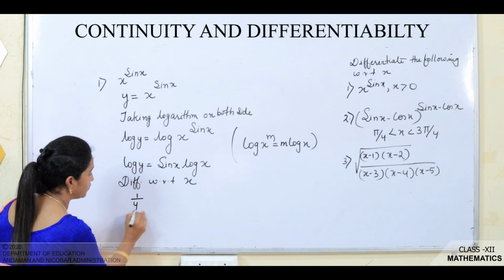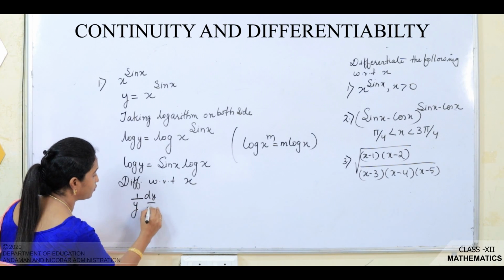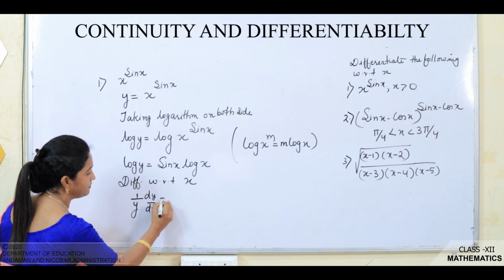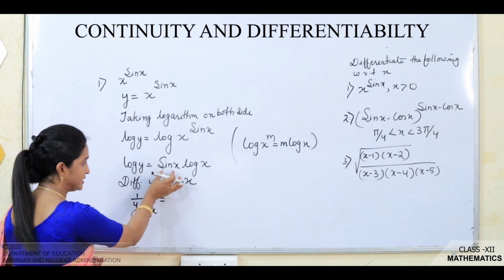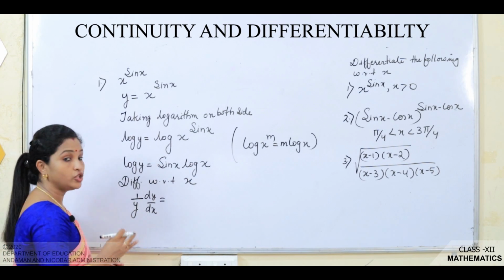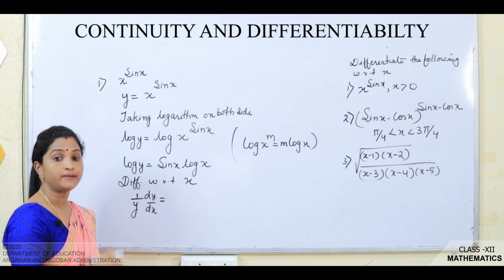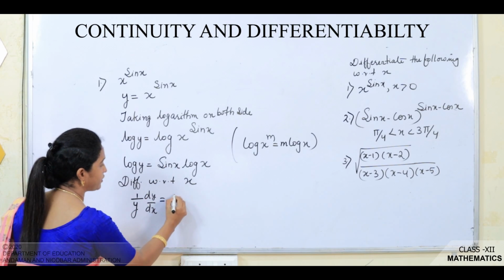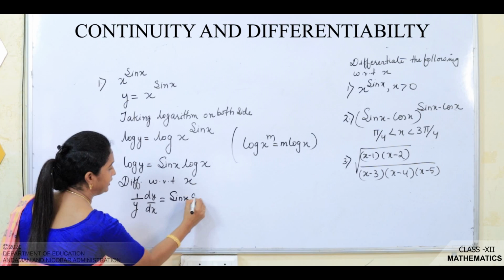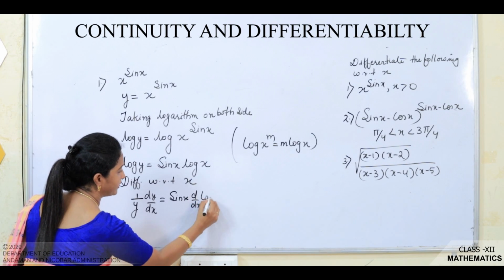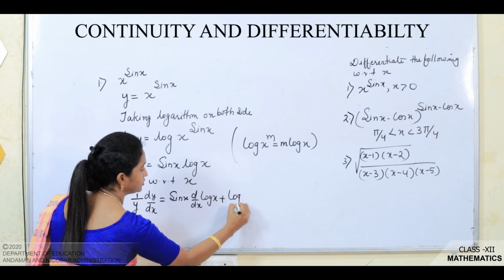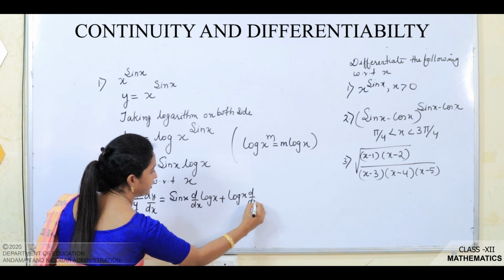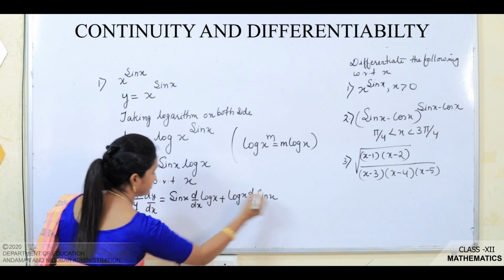So 1 by y, again differentiation of y, that is dy by dx is equal to, this is the product of two functions, sin x into log x, u into v. So you are going to apply product rule here. First function into derivative of second function plus second function into derivative of first function.